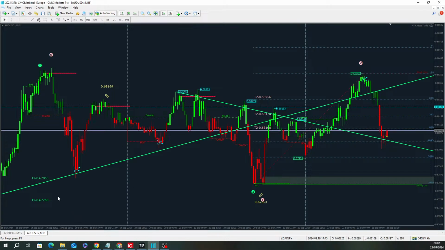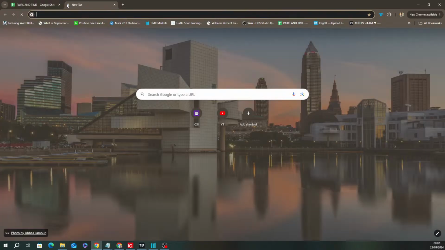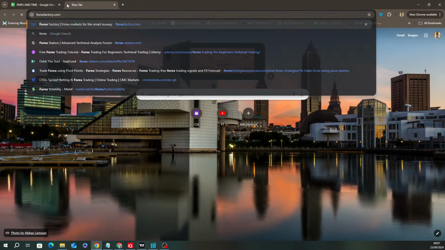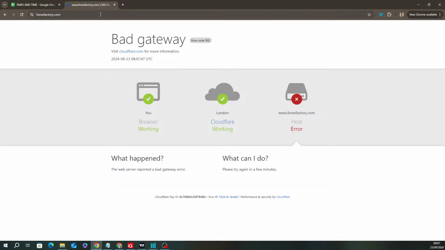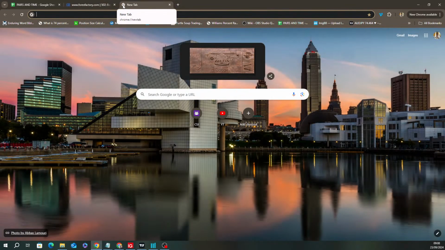Okay, while we're waiting, I think we should look at what is happening this week in terms of... oh, what happened to Forex Factory? Okay, yes, I like to use Forex Factory.